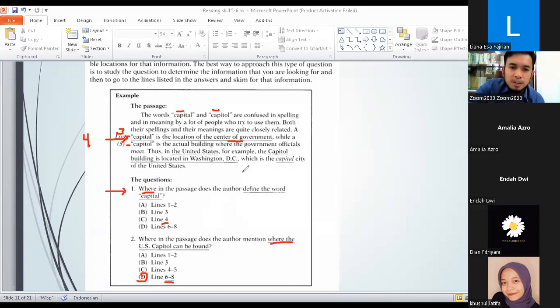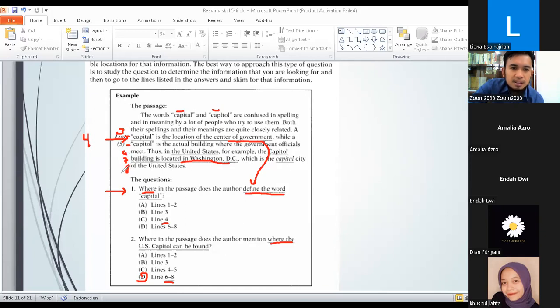So where can we find out where the US capital can be found? The capital city of the US is located in Washington, D.C. So this is line 4. Line 5, 6, 7, 8.